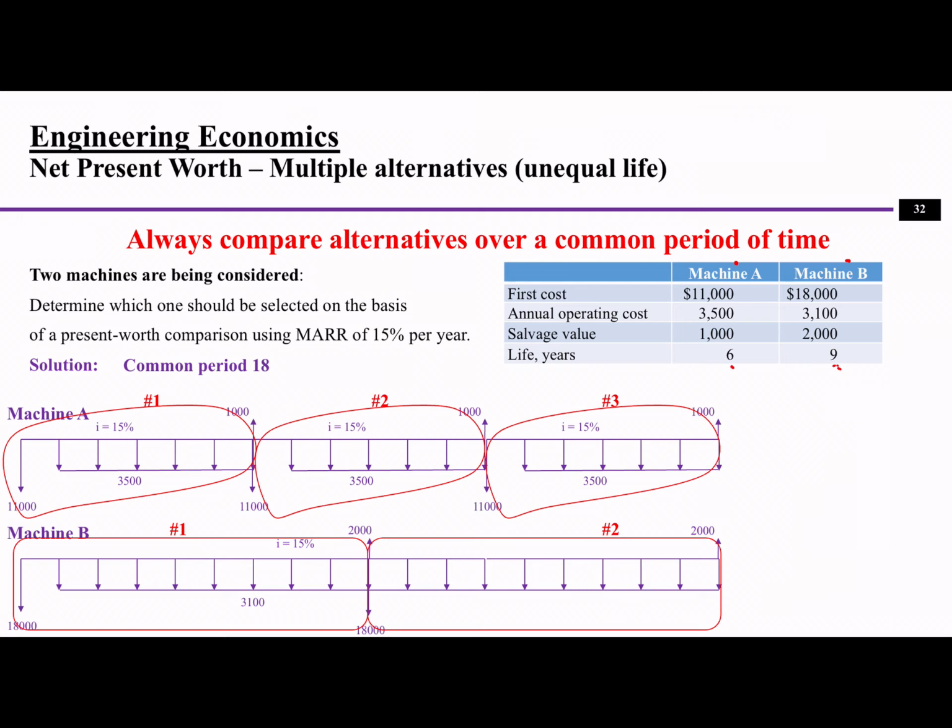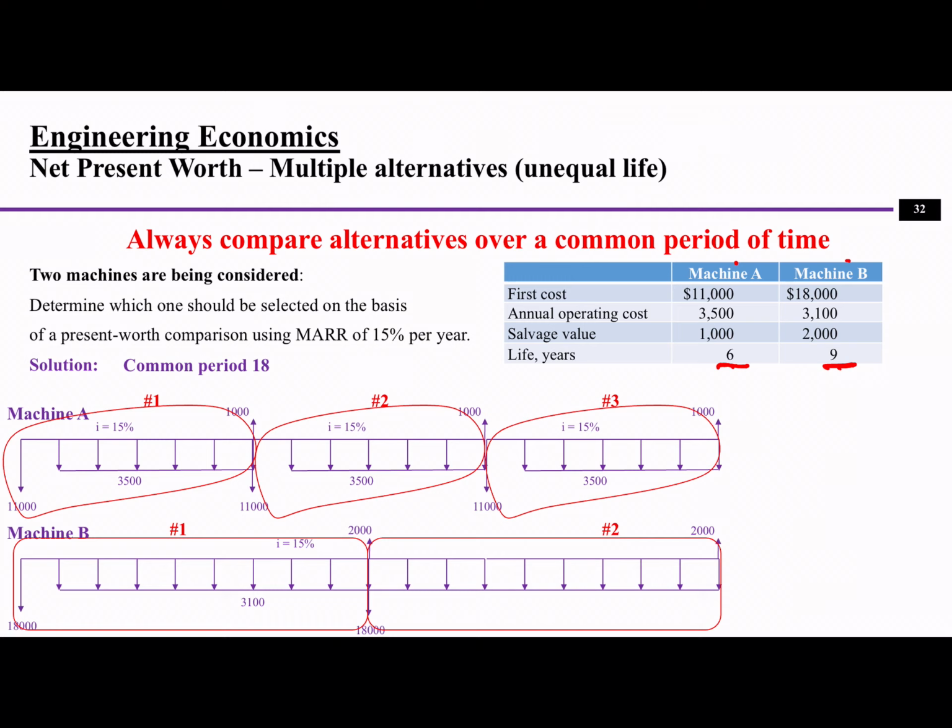So in this case, we want to make all of them have the same common period. The common multiple of 6 and 9 is 18, so it will be 18 years. For machine A, how many periods do we need?